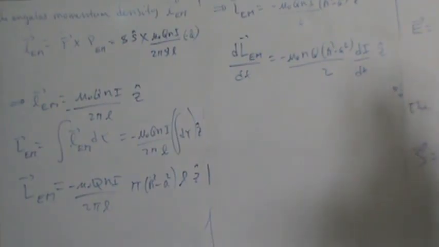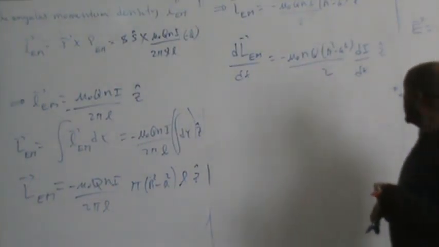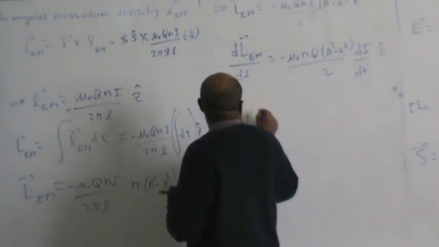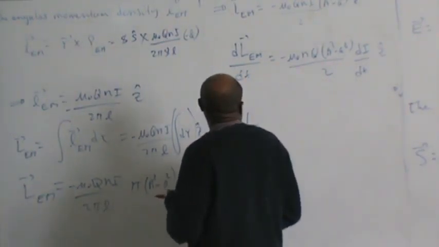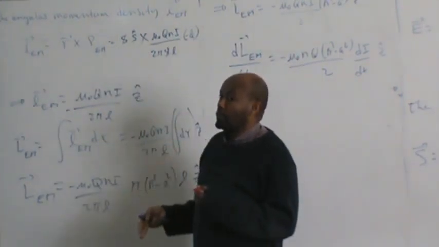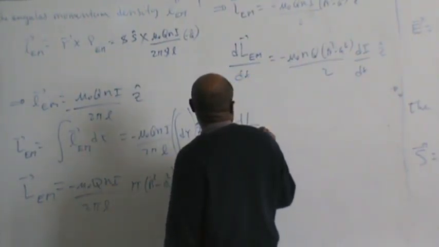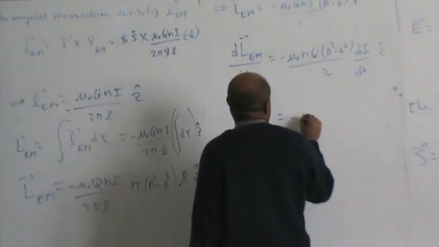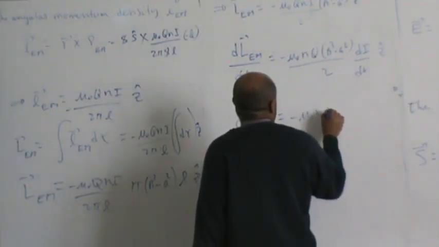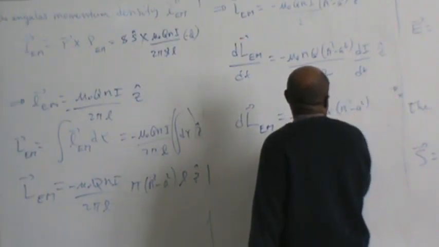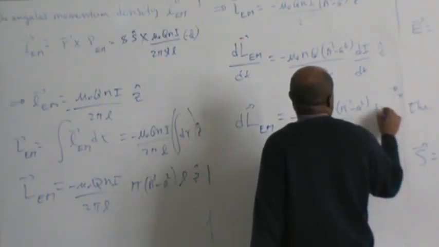So if you want to find the transferred angular momentum, all you have to do is do the integration while the current goes from some value I naught to 0. So that's going to be dL_EM equals minus mu naught N Q (R squared minus a squared) over 2 dI.